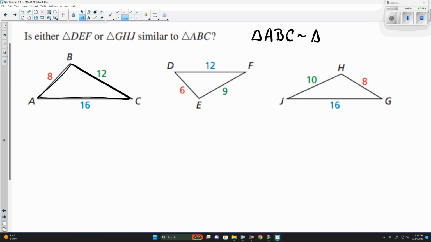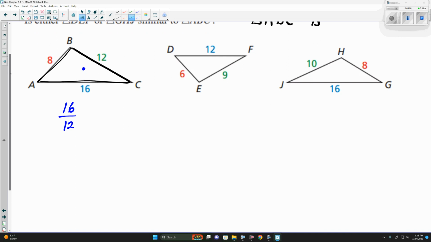Now we can start off with the blue, 16, over, well, do we want to check DEF or JHG first? DEF. So we could say 16 over 12. Then we also have 12 over 9. And lastly, we have 8 over 6.